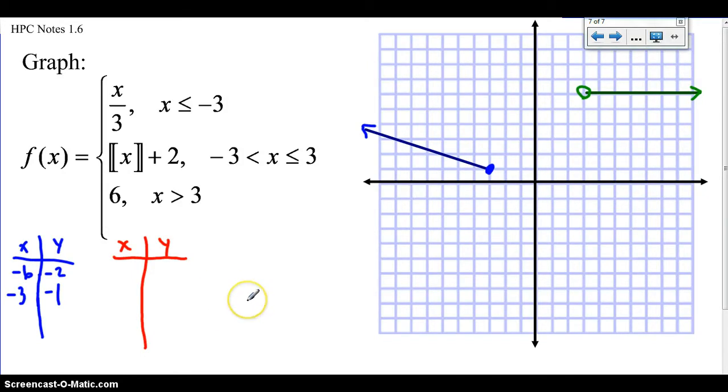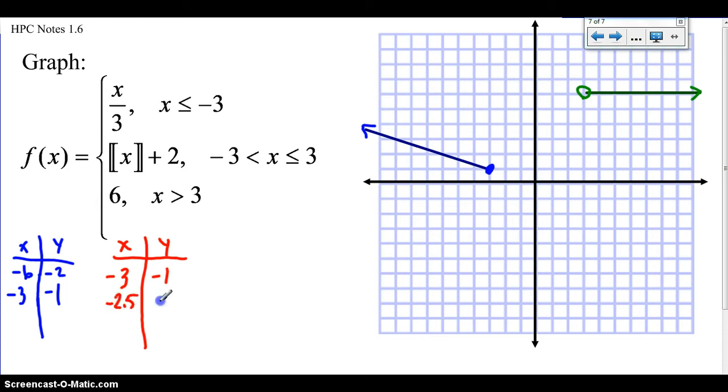Again, we need to choose some values that fit the ends of this rule, like for instance -3. And yes, I understand that -3 is not included. It's still important that we consider that point though. So -3, the greatest integer, is -3, add 2, and you get -1.